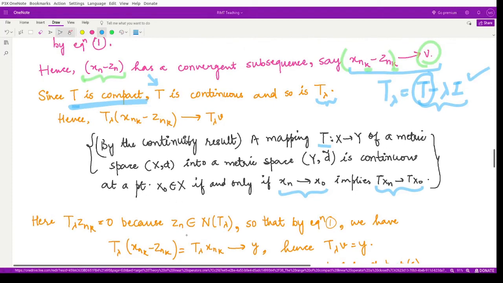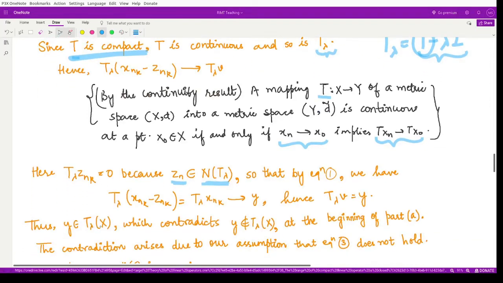Now, because Zn is in the null space of T lambda, T lambda of Zn k is equal to 0. And we can again use equation 1, which tells us that T lambda of xn, that is yn, converges to y.